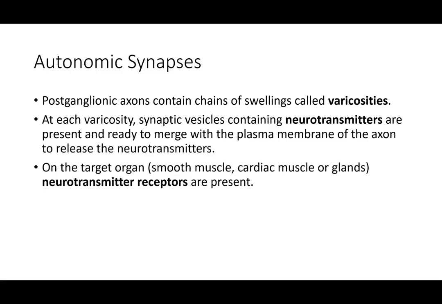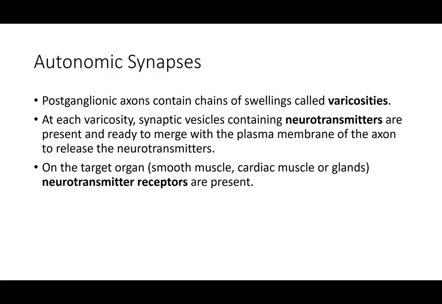So we get a lot of neurotransmitters here, in the synaptic vesicles right there, ready to merge with the plasma membrane of that axon terminal and release the neurotransmitters into the synaptic cleft, that little space between the axon terminal and whatever the target organ is.